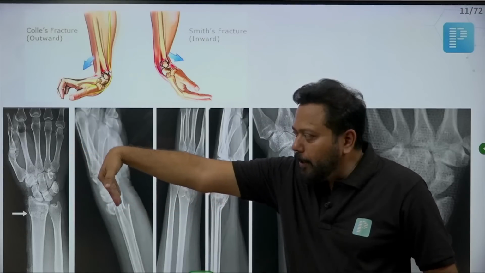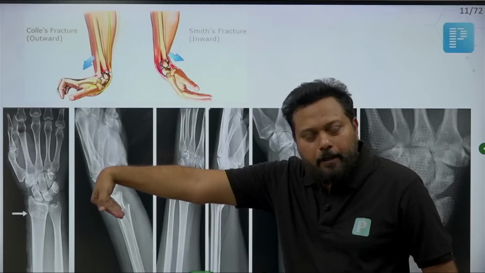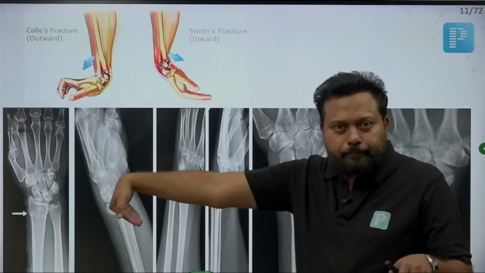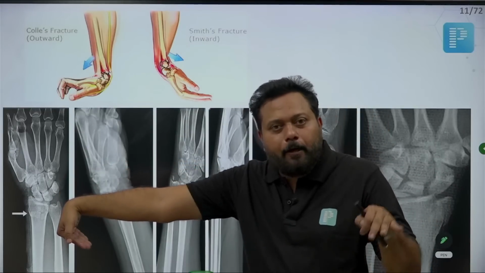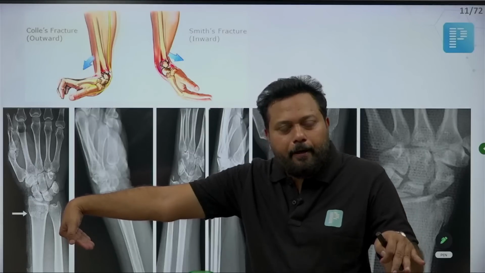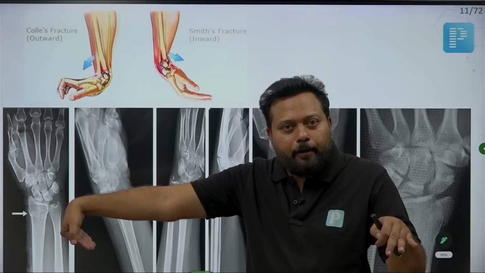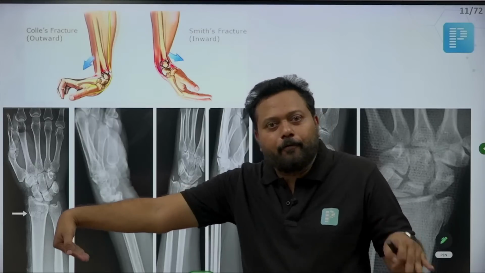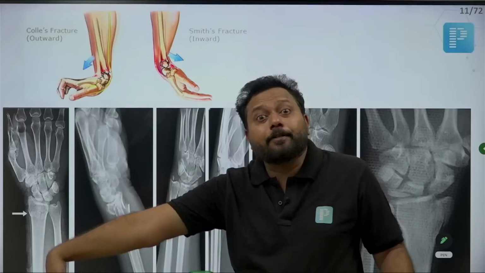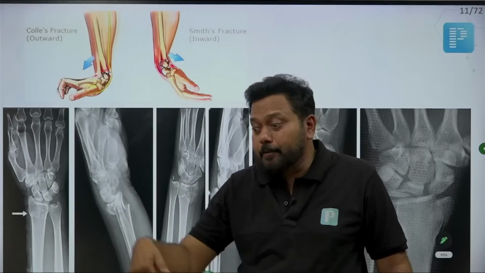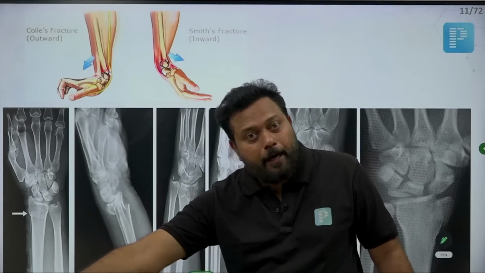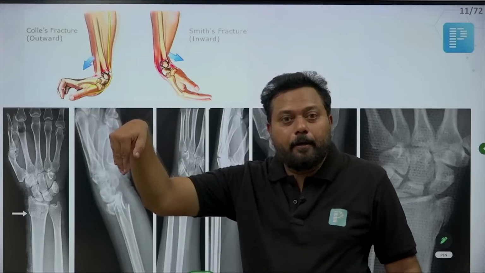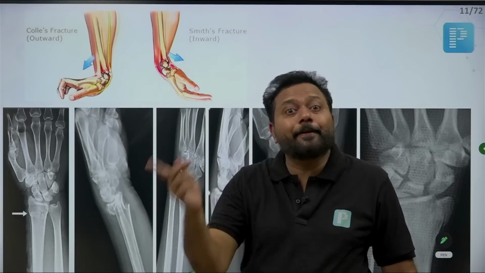If a patient falls in flexion like this, you won't believe, today morning in my OPD, in my government medical college, a 30-year-old man who is working in our hospital came with a history of fall on an outstretched hand with flexion. He gave the history by himself: Doctor, I had fallen like this, in flexion. Then it will end up in what is called a Smith fracture.